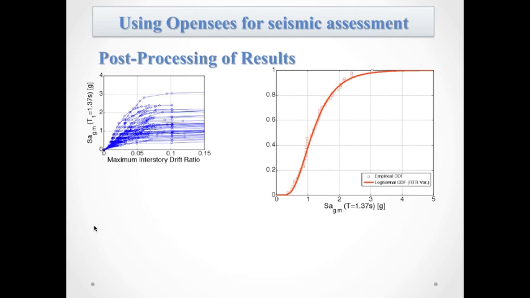The statistical processing of the results was that we did statistics of these results, and we have something like an empirical cumulative distribution function. These are these points. We try to fit a curve so that we have a continuous curve that lets us assess the collapse risk for different spectral acceleration levels. We selected the lognormal distribution, not because it's the best fit, but because it's very popular among engineers.